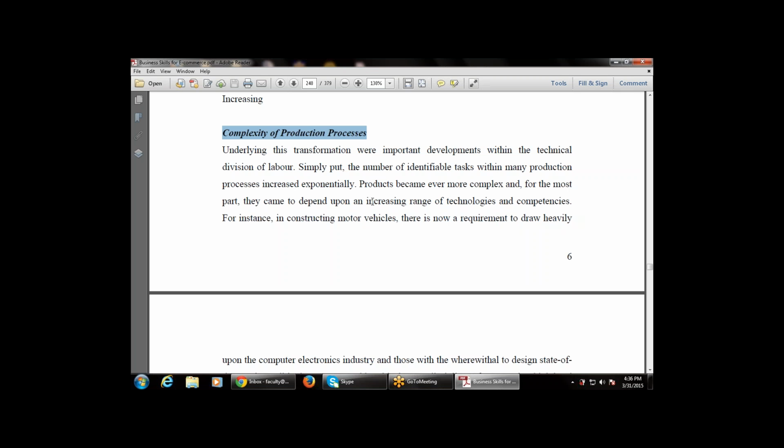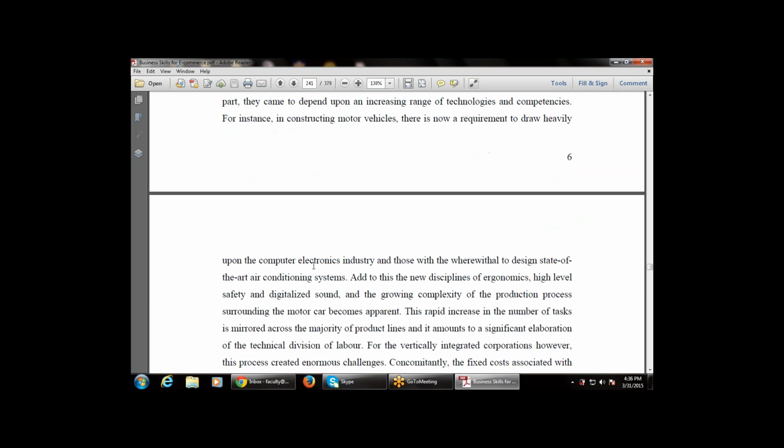there is now a requirement to draw heavily upon the computer electronic industry and those with the wherewithal to design state of the art air conditioning systems.